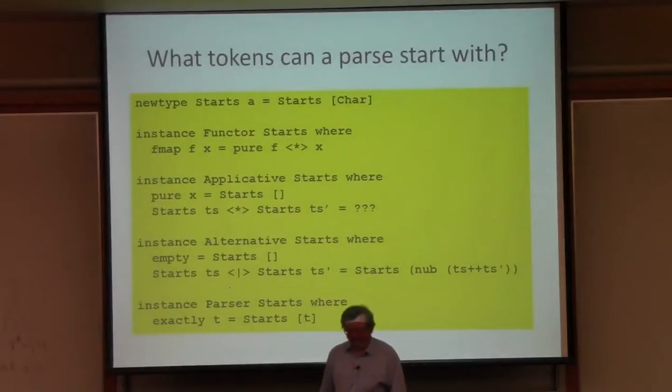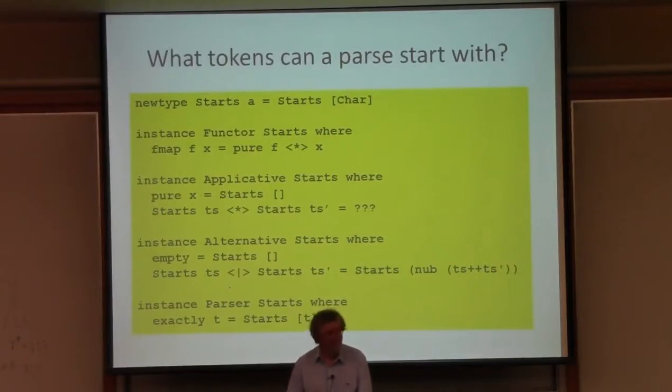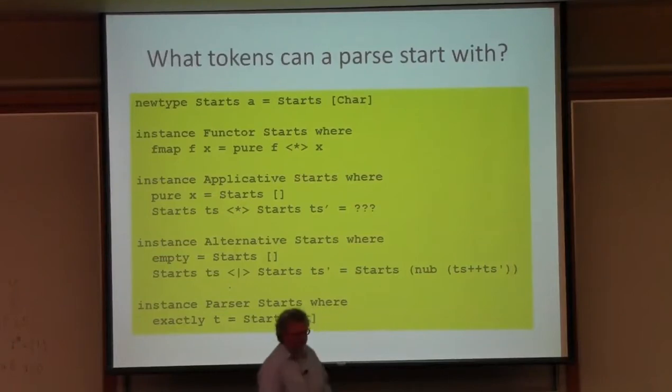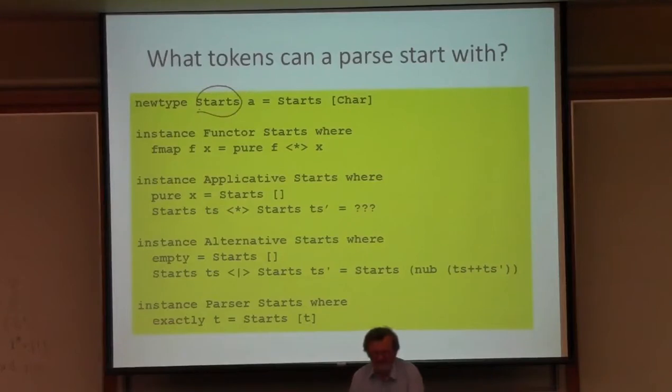Okay. In order to do my optimization, then I also need to know what tokens a parser can accept as the first token. And that's just like defining the empty parser, but a little bit more complicated. So let me define another new type, a parser that collects the starting symbols, whose representation is just a list of characters, the list of characters that it accepts.